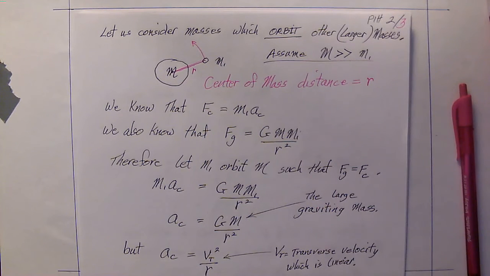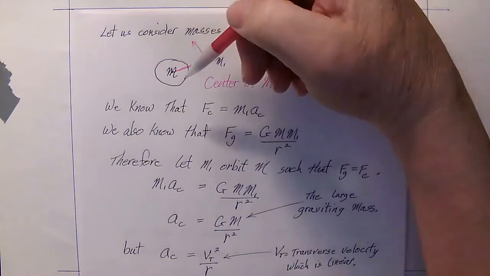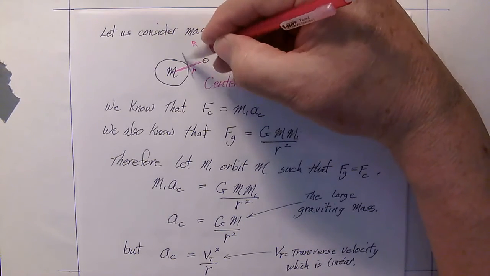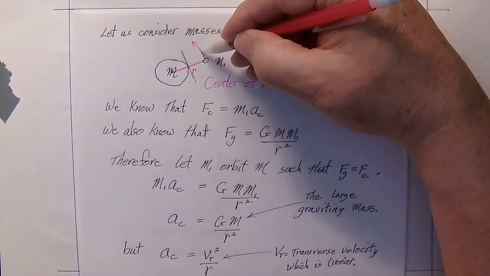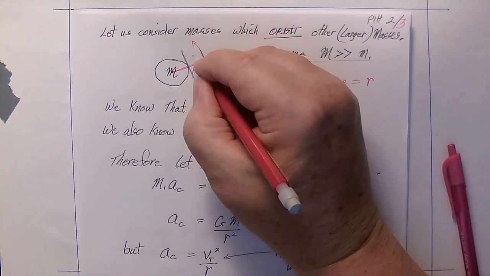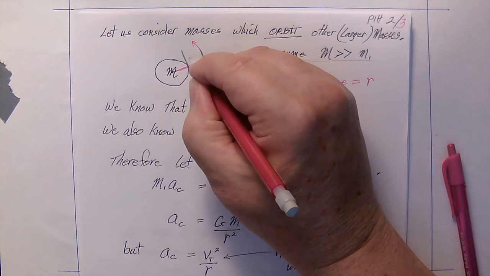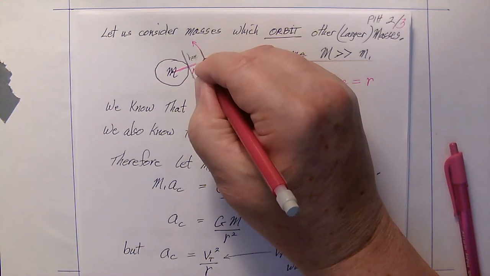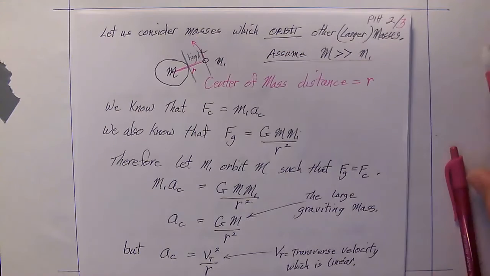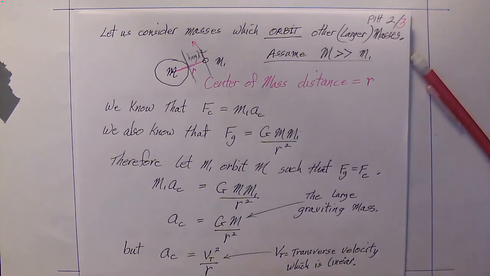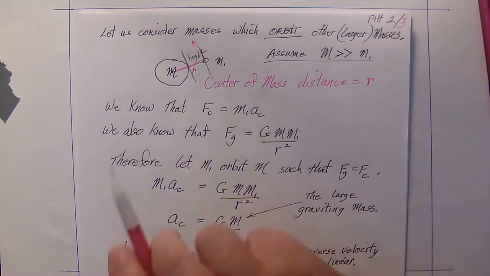So we could then say that this distance from tangent to the center, this is the altitude or the height that we're orbiting above that planet.